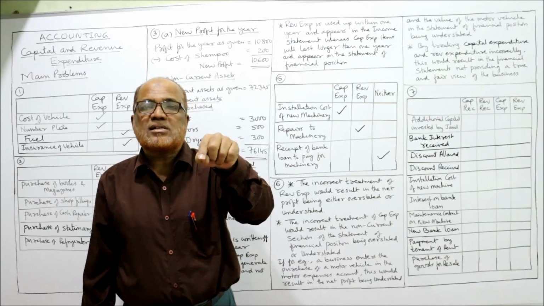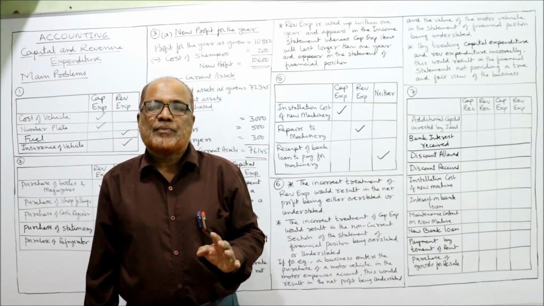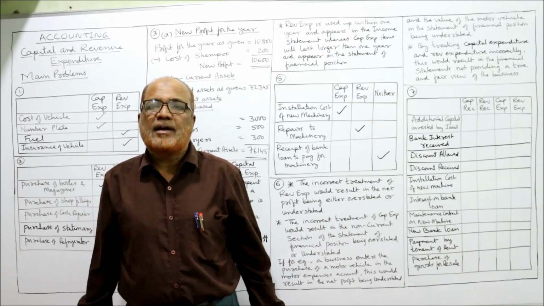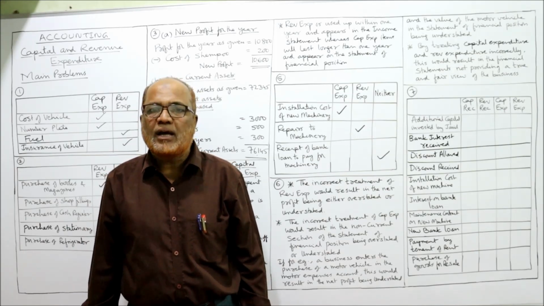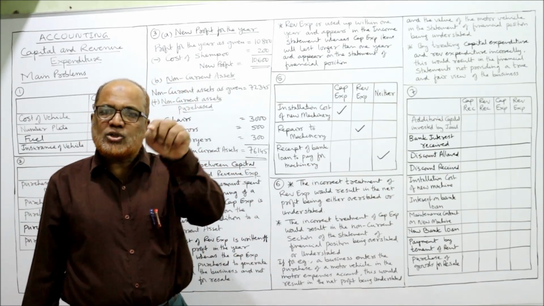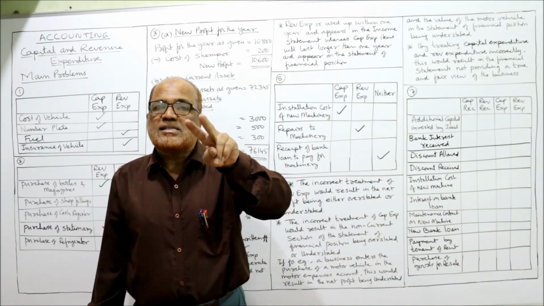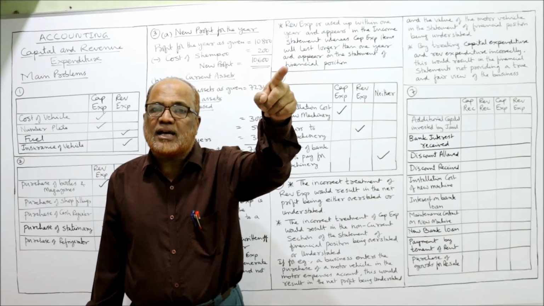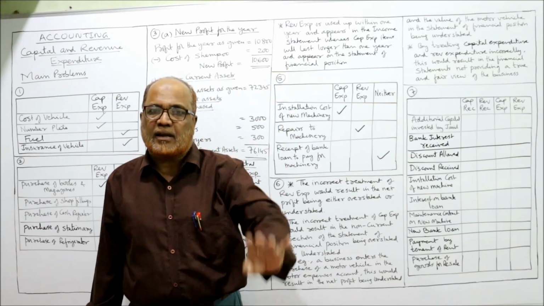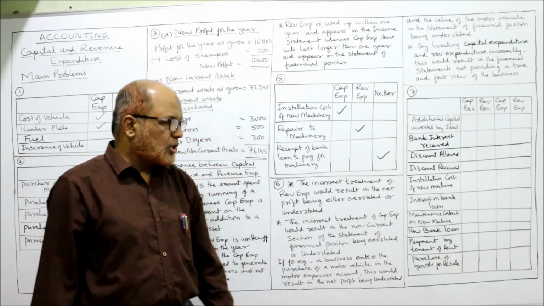Those non-current assets will not be true if we make a mistake in treatment of revenue and capital expenditure. The first effect is profit may be overstated or understated. Second effect, the non-current assets will not be correct in the statement of financial position.